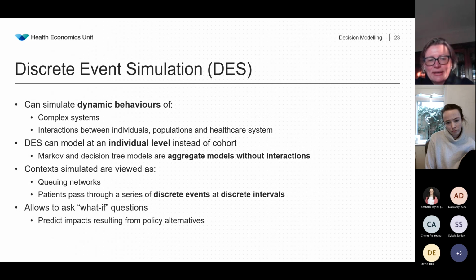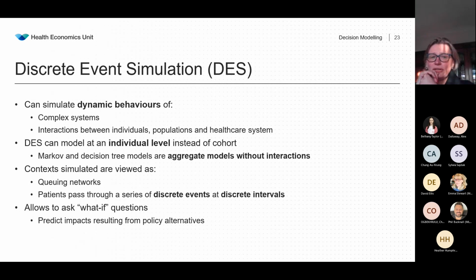And I guess the great advantage over the Markov model is that they can look at an individual level instead of a cohort level. So if there is some individual heterogeneity, as we see, say, in response to treatment, this is a useful approach.